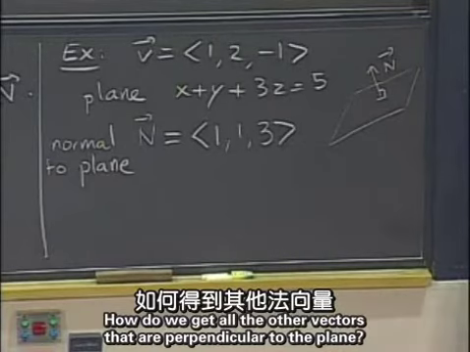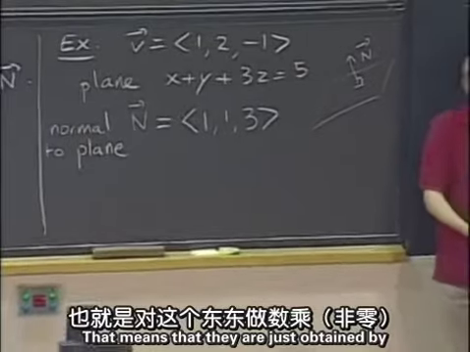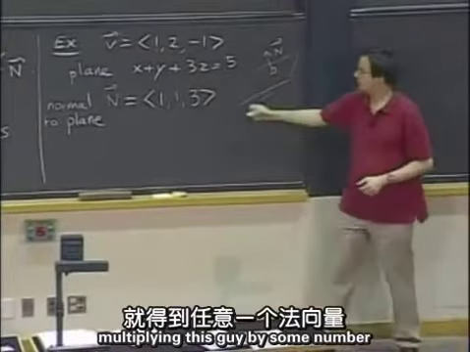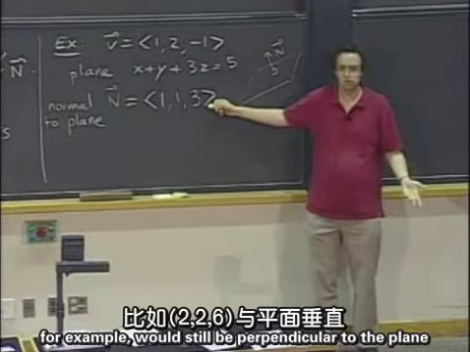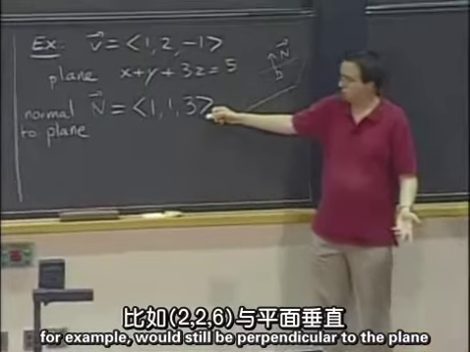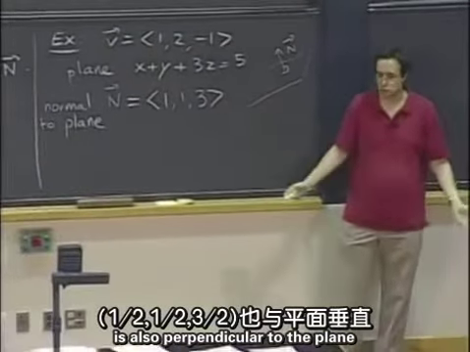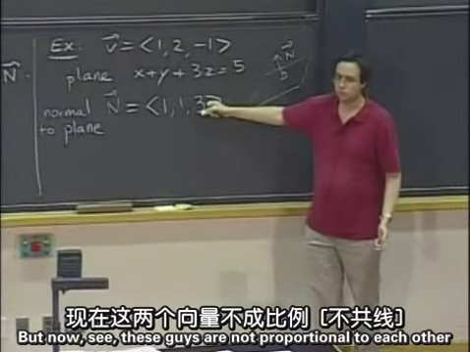How do we get all the other vectors that are perpendicular to the plane? Well, all the perpendicular vectors are parallel to each other. Okay, so that means that they are just obtained by multiplying this guy by some number. Okay, 2, 2, 6, for example, would still be perpendicular to the plane. 1 half, 1 half, 3 halves is also perpendicular to the plane. But now, see, these guys are not proportional to each other.